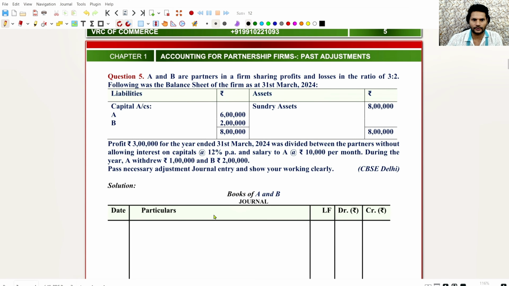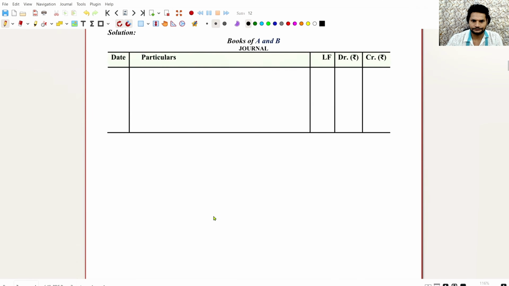So let's find out the share of profit of A and B. Here we need to make the working note, and the working note will be number 3: calculation of profit share.